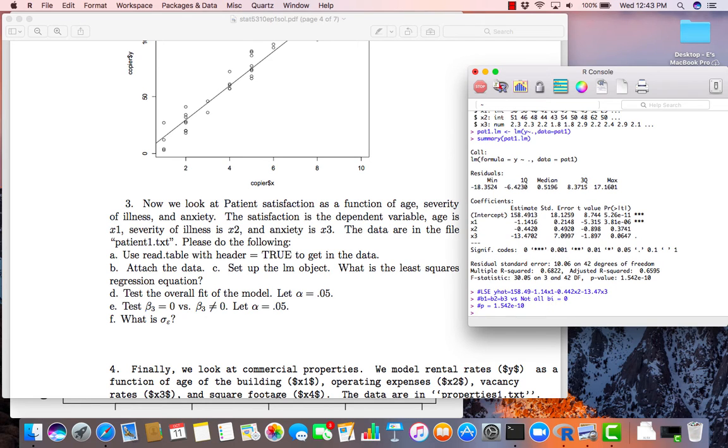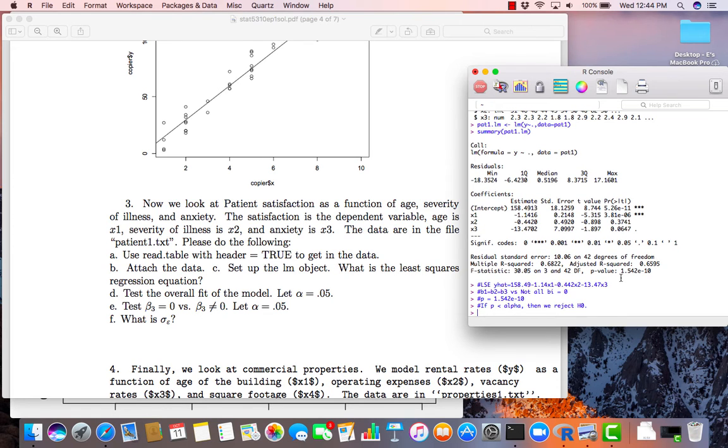So it's pretty small. Then we have our usual comment: if p is less than alpha, then we reject H0. In this case, the H0 is beta 1 equal to beta 2 equal to beta 3, and our p-value is very, very small.